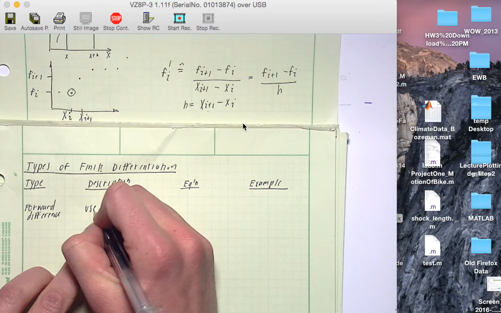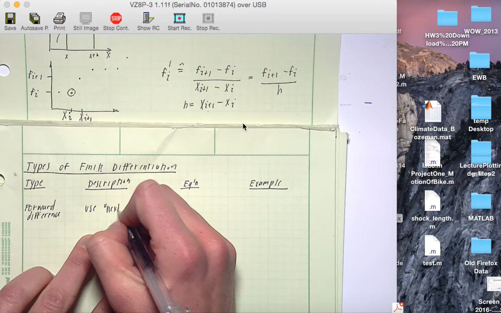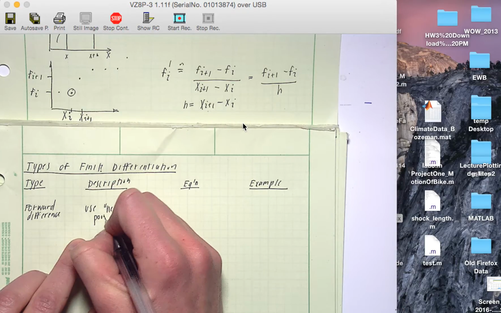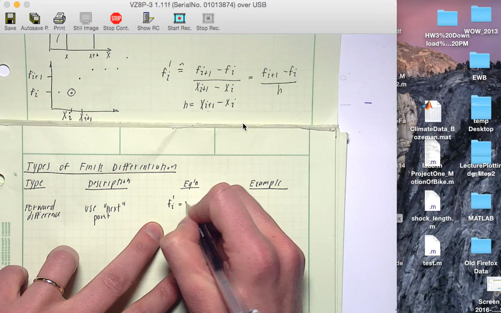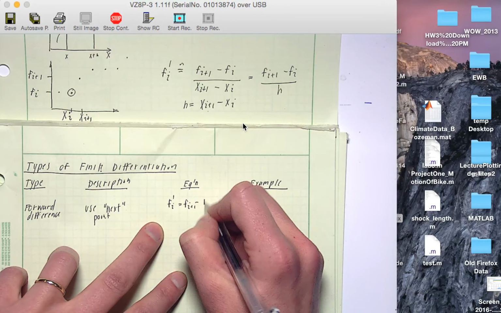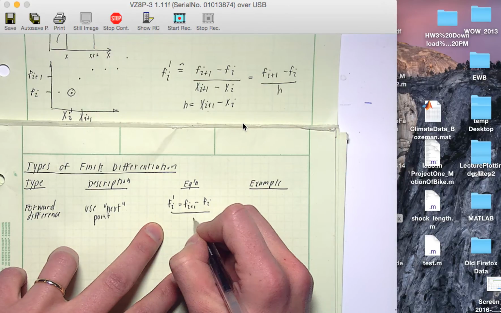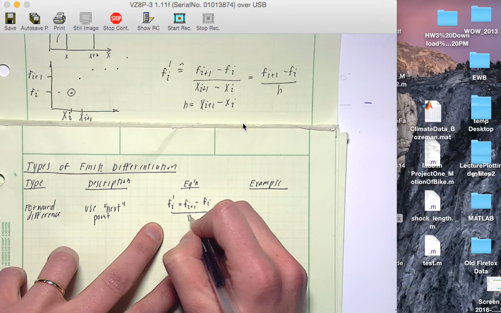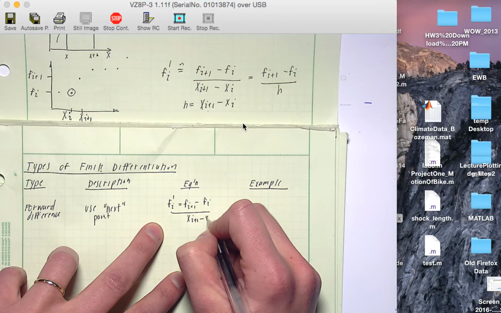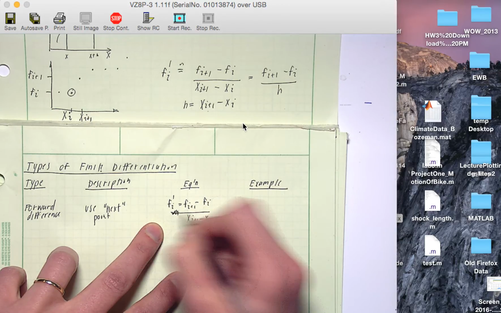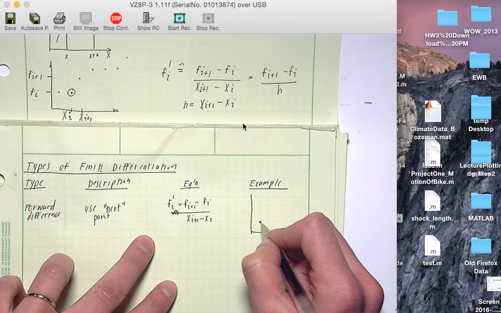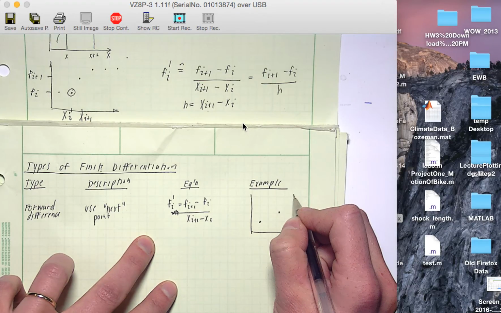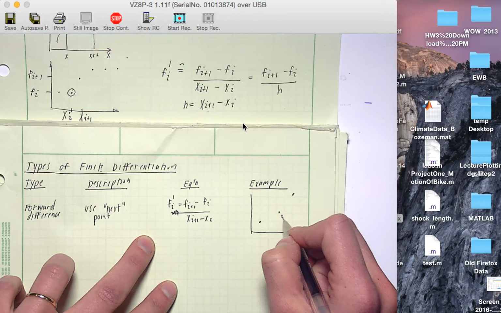It's called that because it uses the next point. And the formula is the one that I just showed you. And so if you want to just look at 3 points, I'm going to use the same 3 points for all these examples. And I call this point i.